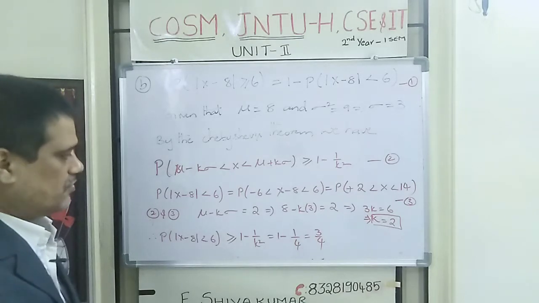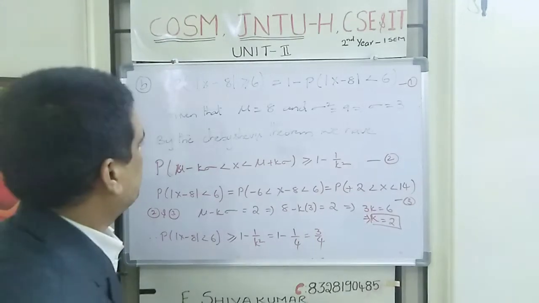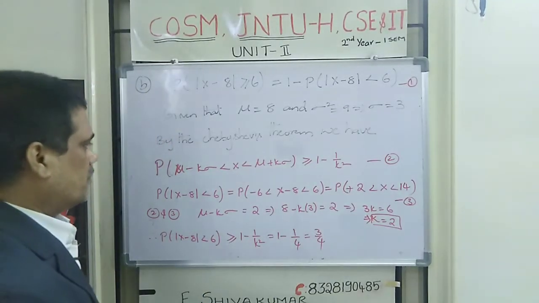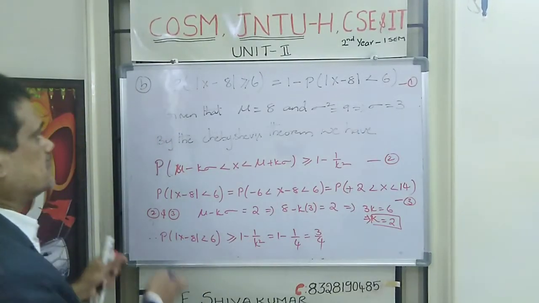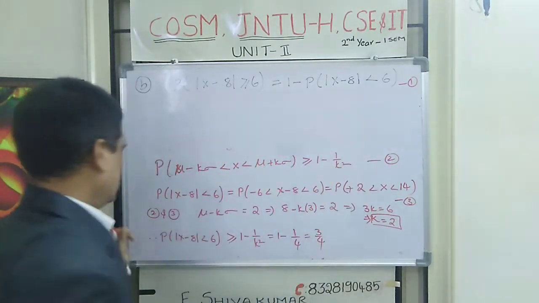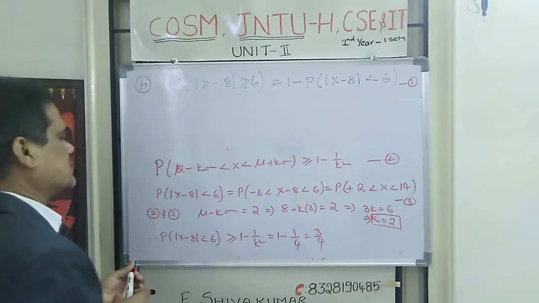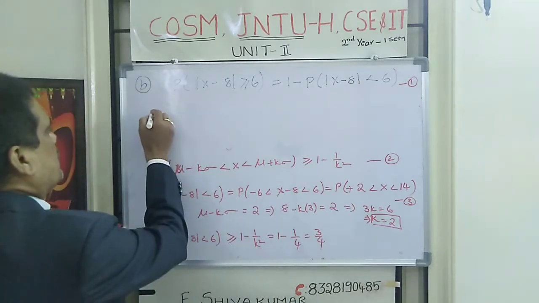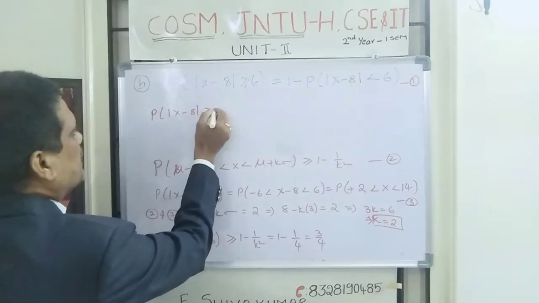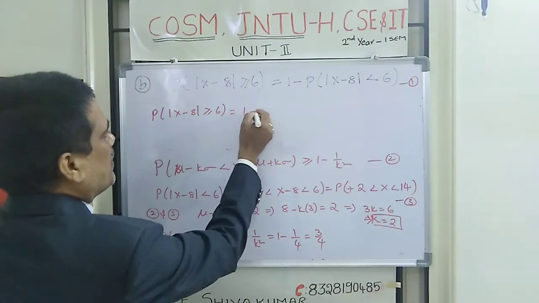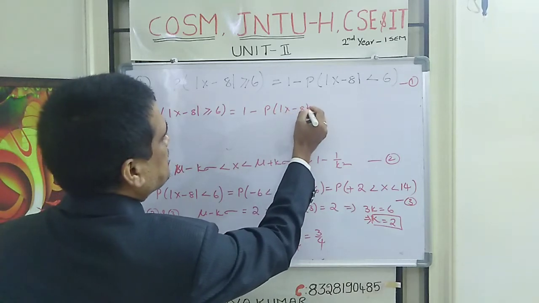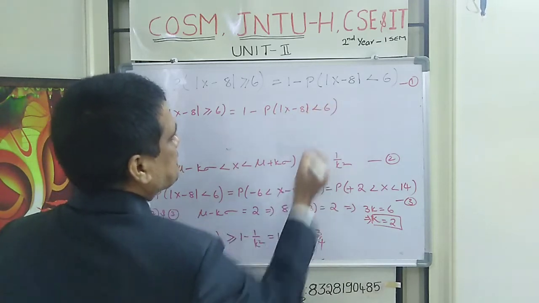Okay. Then what we need? We need to calculate this minus of this. Right. Now I am writing. Hence, probability of modulus of x minus 8 is greater than or equal to 6 is equal to 1 minus probability of modulus of x minus 8 is less than 6.